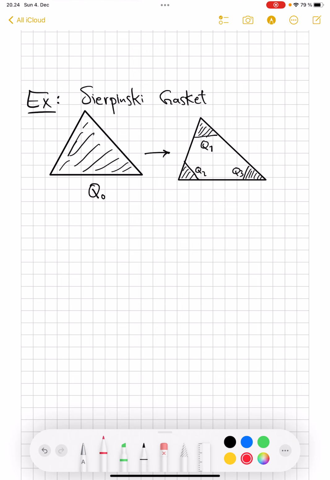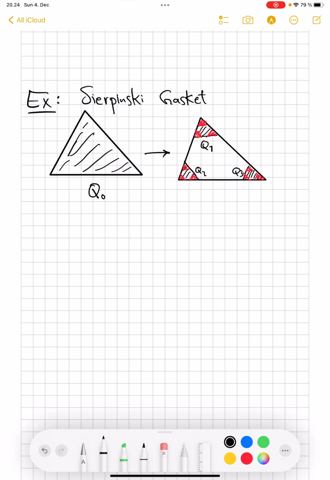For the next ones, they will be these three. So here, here, here, and then here, here, and here, and you will keep going like that. So this is in fact a self-similar construction, and the theorem we will cover next video will cover that also, and can be used to give the Hausdorff dimension. But let's test our theorem in this case.